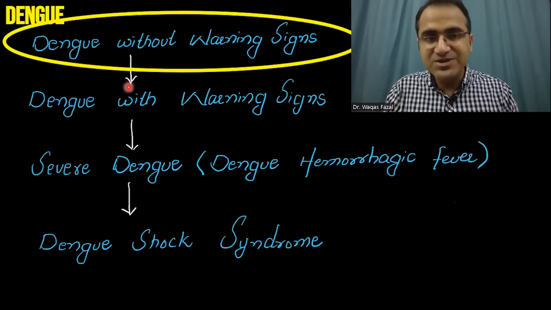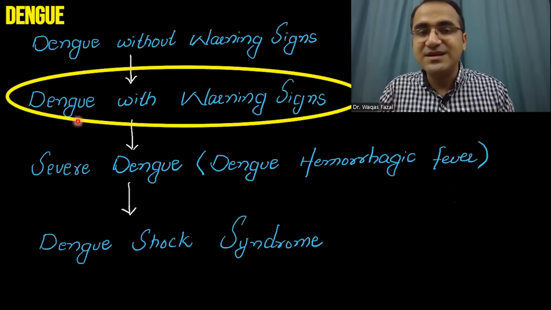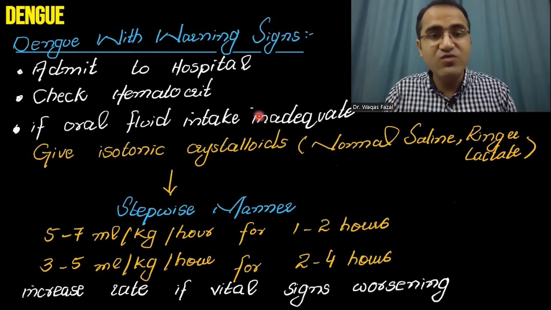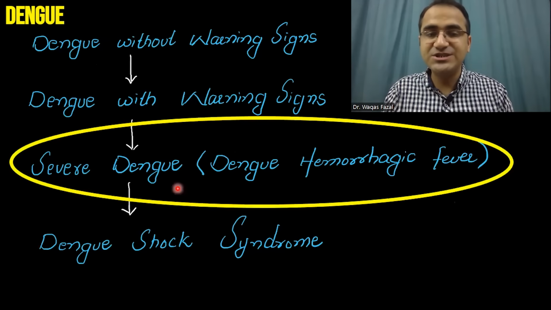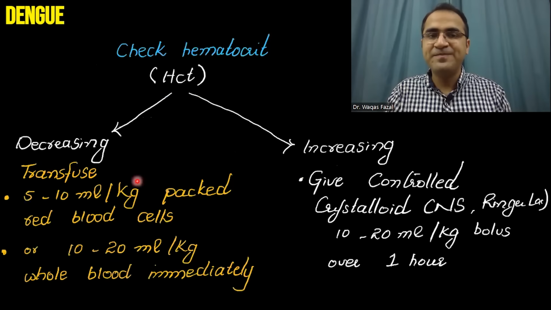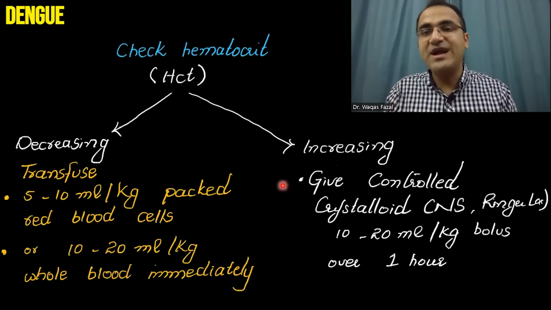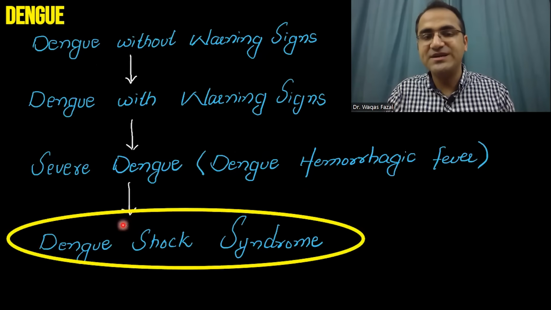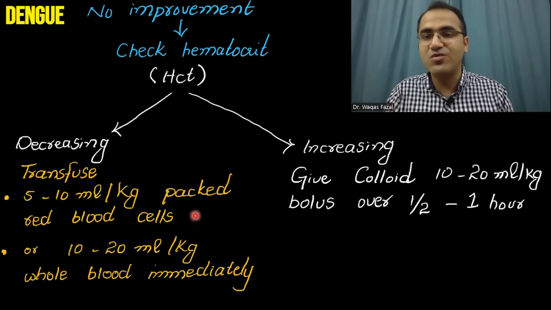Then coming to the treatment of dengue without warning signs, the treatment of dengue with warning signs, treatment of severe dengue, checking hematocrit and taking the steps accordingly, and treatment of dengue shock syndrome.